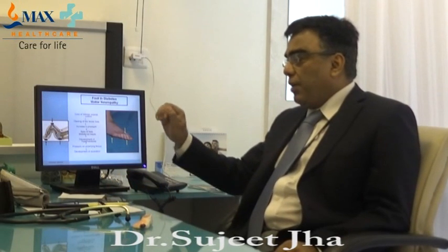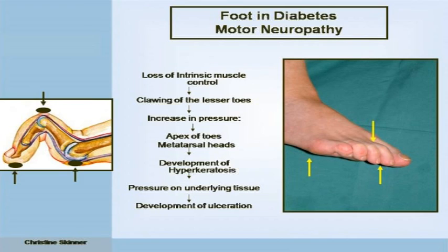Sometimes you have abnormal joints which put abnormal pressure, and ulcers can be found in different areas of the foot, mainly because of what we call motor neuropathy. The muscle part of the nerves gets affected, and instead of normal pressure the foot pressure points change, and that could lead to foot disease.